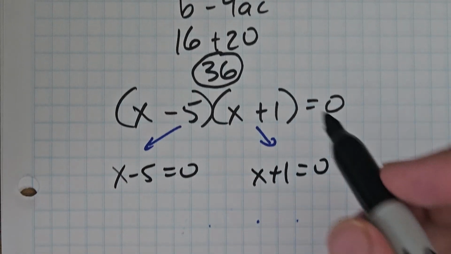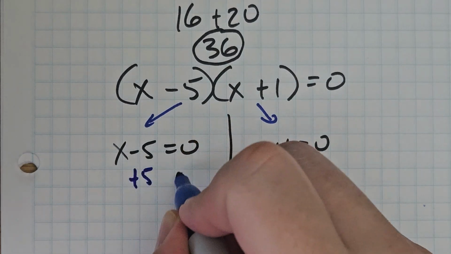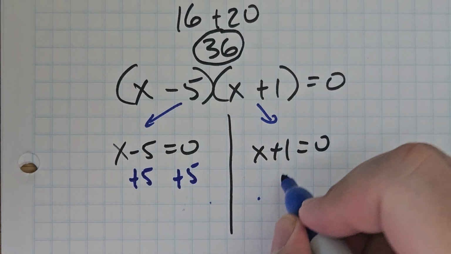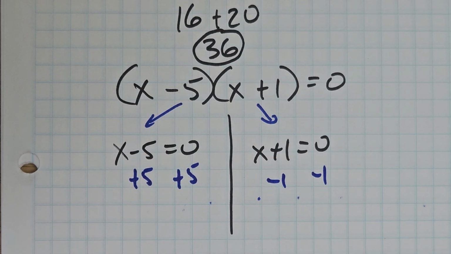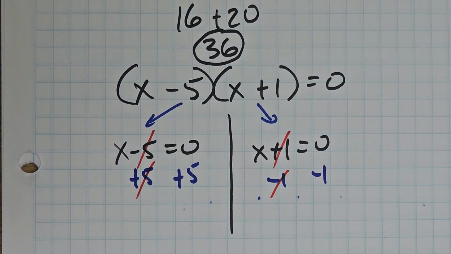So we're just going to solve those two equations separately. I like to call them splits. And we're going to add 5 to both sides on this one. We're going to subtract 1 from both sides on that one, just moving our constants to the right. Cancel, cancel, cancel, cancel.